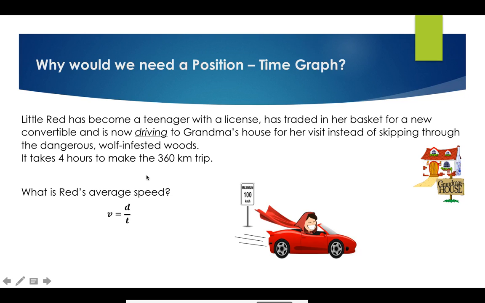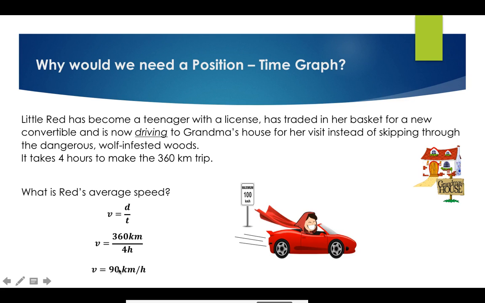My units match up because my distance is in kilometers and my time is in hours, so it will end up in kilometers per hour. Now I will plug in my numbers and do my calculation. So I know that Red's average speed is about 90 kilometers per hour.